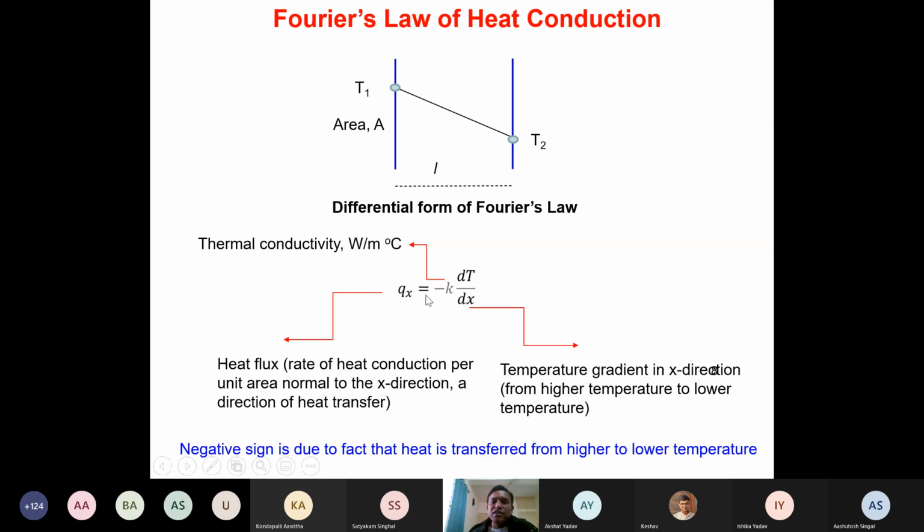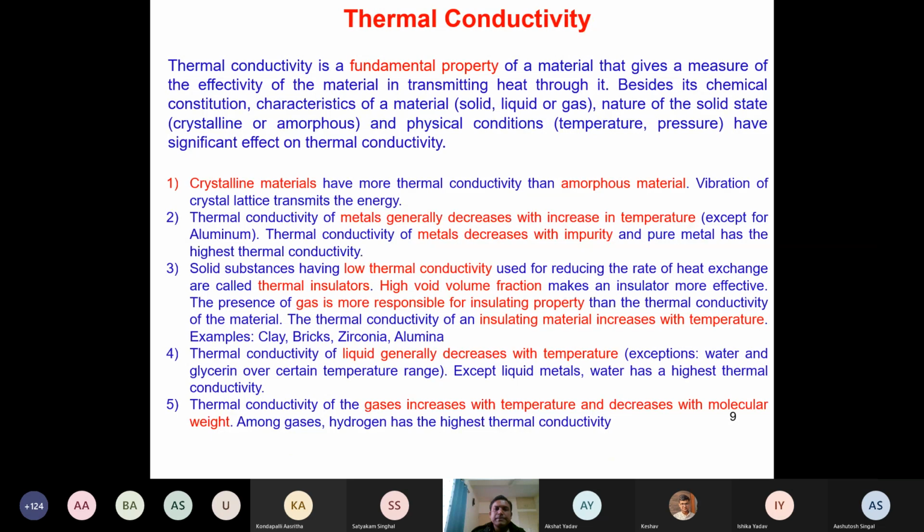Also here K is the thermal conductivity, given in watt per meter per degree Celsius, and dT by dx is the temperature gradient in the x direction, from higher temperature to the lower temperature. So this is the differential form of Fourier's law. Okay.